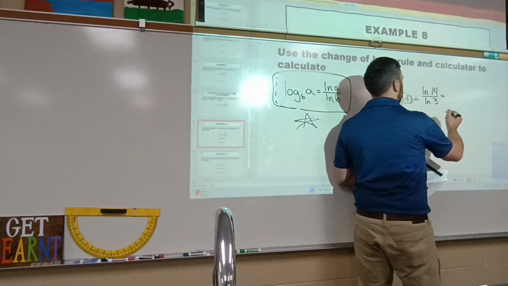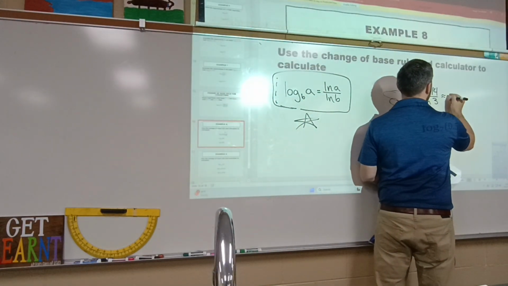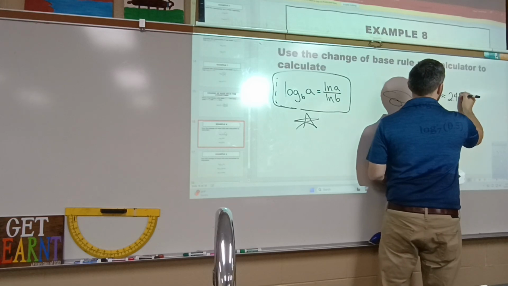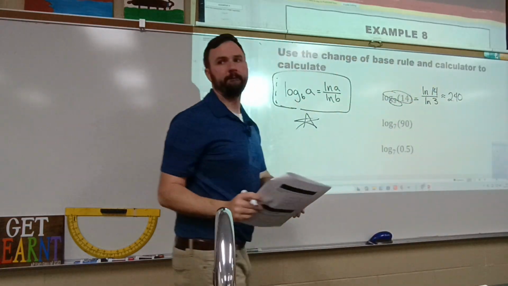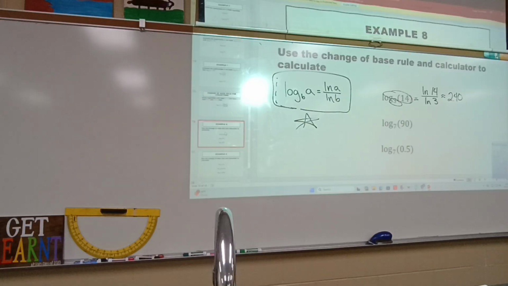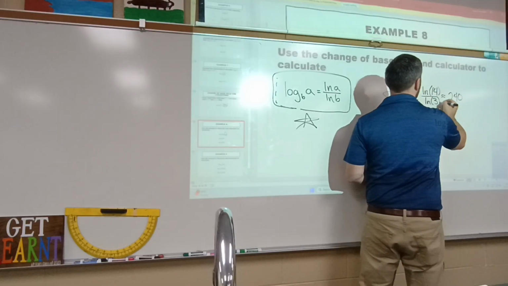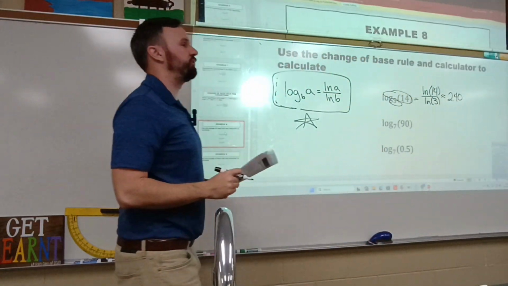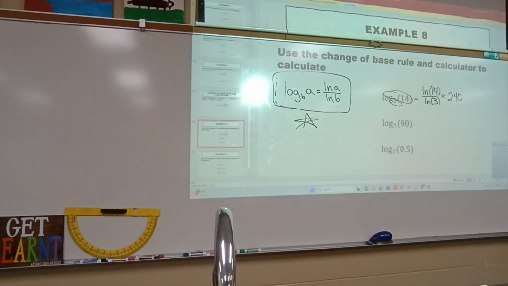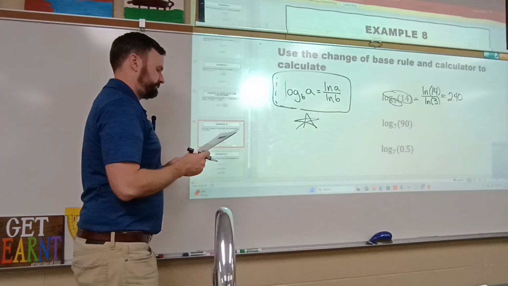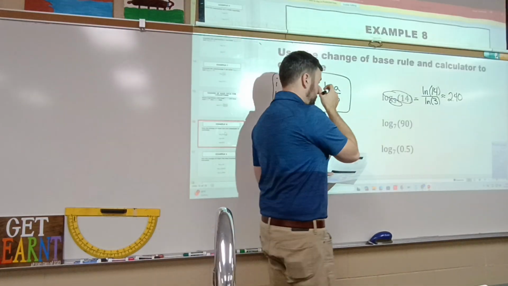You should get approximately 2.40 when you do it. Make sure you're using your parentheses on the top part. You know what I mean? Make sure you're parenthesizing these numbers when you plug them in, okay? Make sure you're putting those numbers in parentheses. Parentheses are your friend. All right.